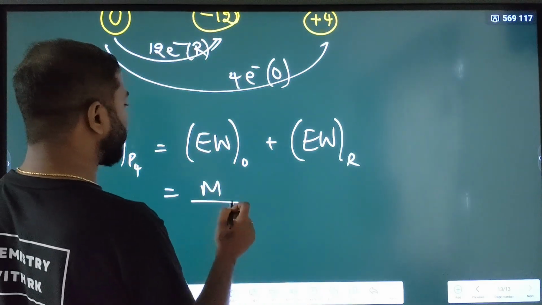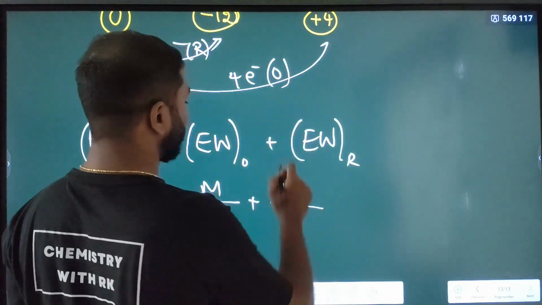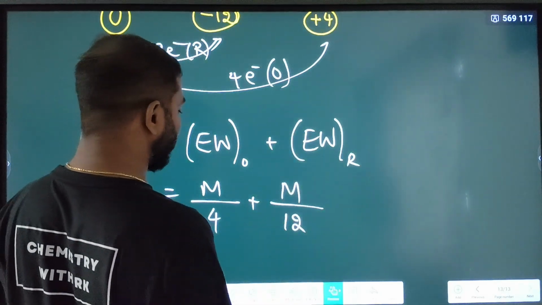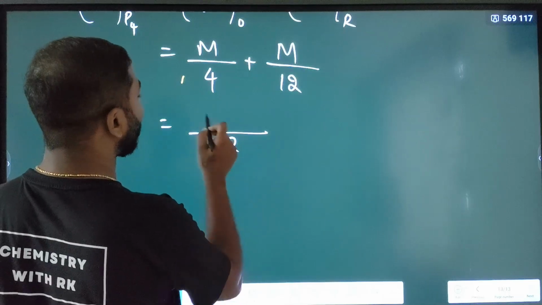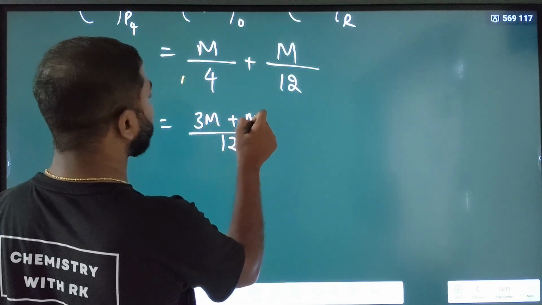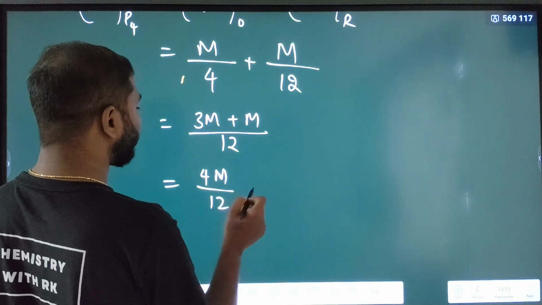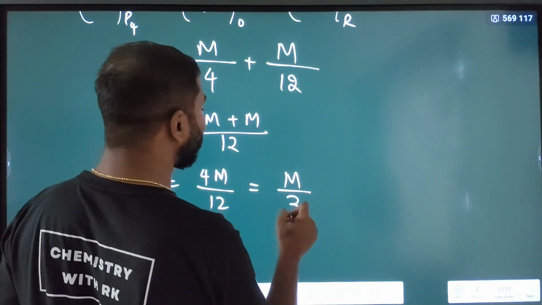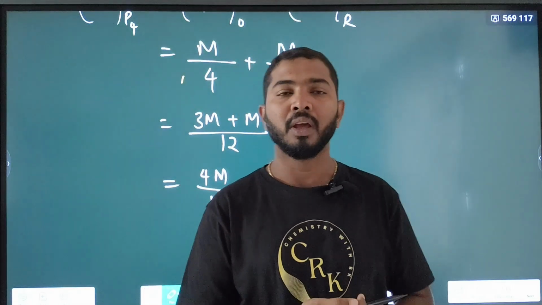That is gram molecular weight by electrons: in oxidation there is involvement of 4 electrons, in reduction 12 electrons. If we take 12, then 3m plus m by 12, which comes out as 4m by 12, and then we get m by 3. So this is the equivalent weight of phosphorus.